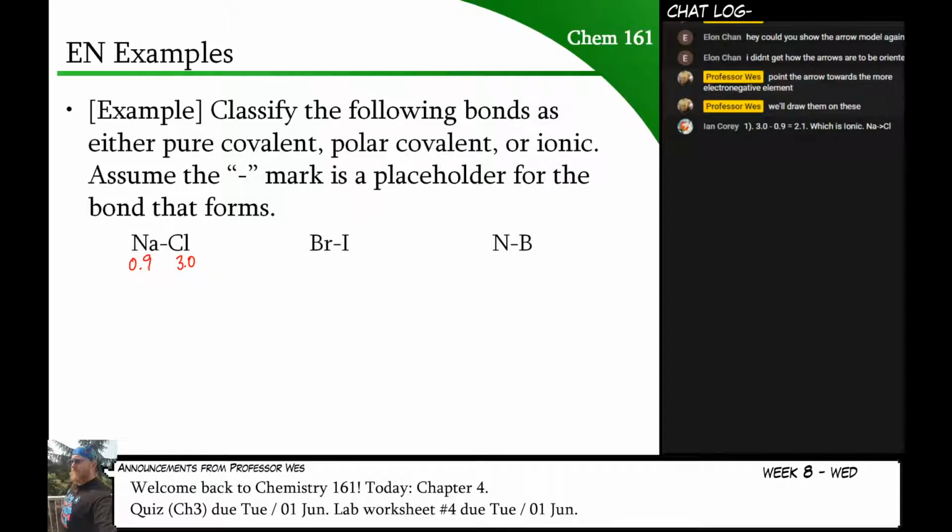Sodium is 0.9. I was writing the answer instead of the number. So I get 2.1, which is very, very large.